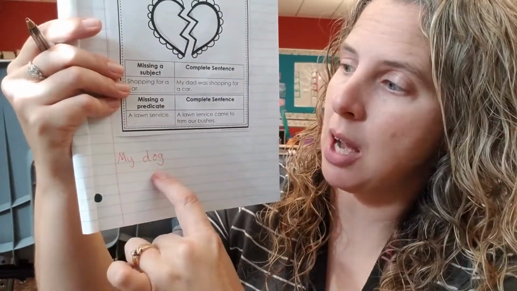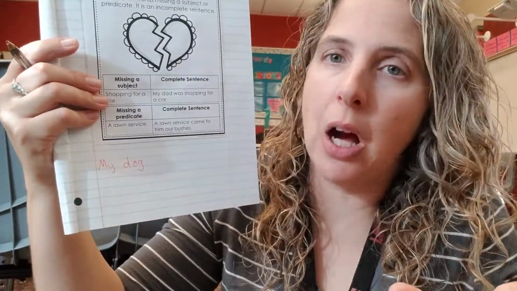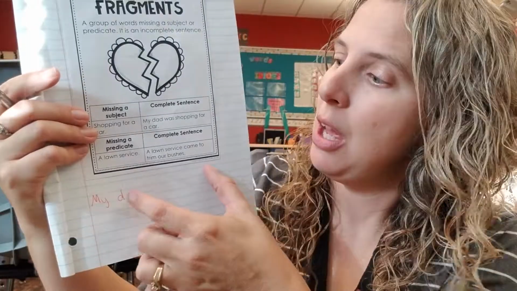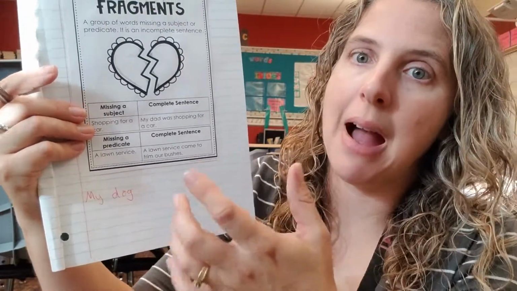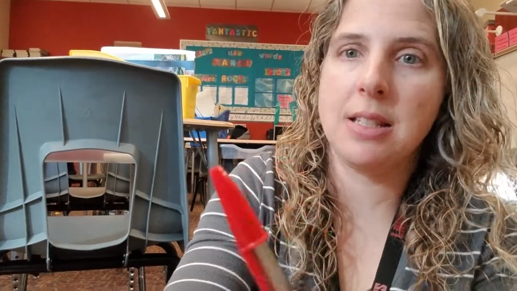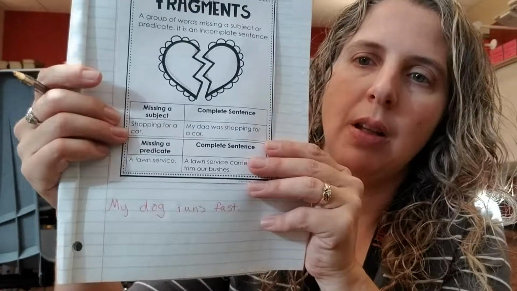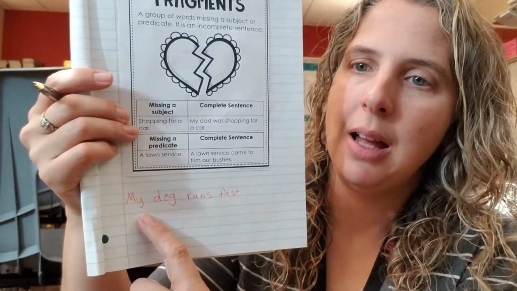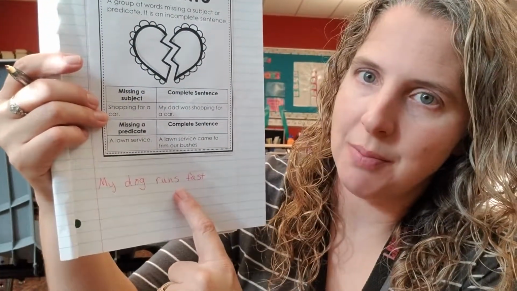That's the subject. We're talking about my dog. But what did my dog do? And whatever you want to finish that with, you write the predicate. My dog runs fast. Now I know who I'm talking about and what they did.